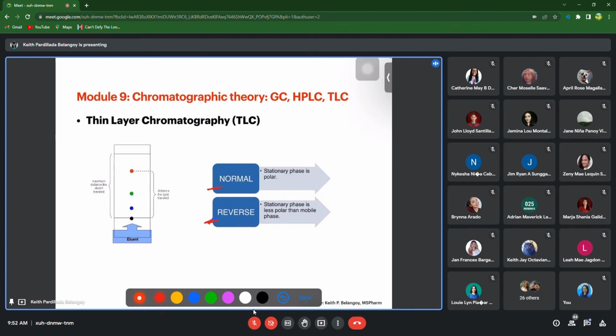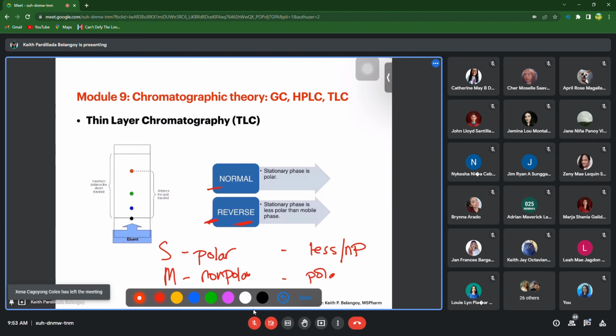Why reverse of normal? Because remember, you have your stationary phase and your mobile phase. If it's normal, the stationary phase is polar and your mobile phase is non-polar. If it's reversed, the stationary phase is less polar or non-polar, and your mobile phase is the one that is polar.